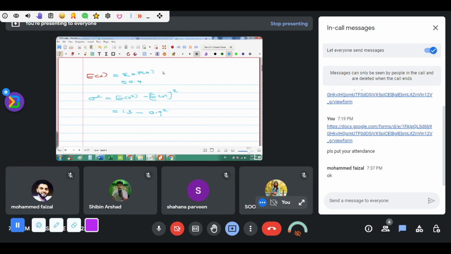I move to the next step. What is the result? 1.3 minus 0.81 equals 0.49. This is the variance.